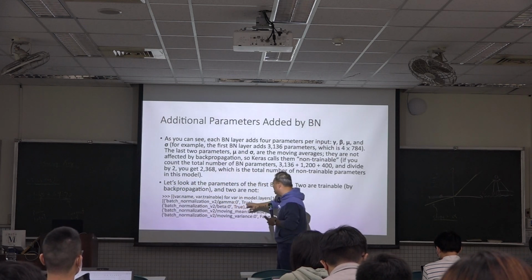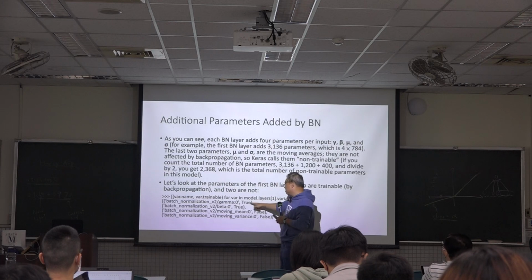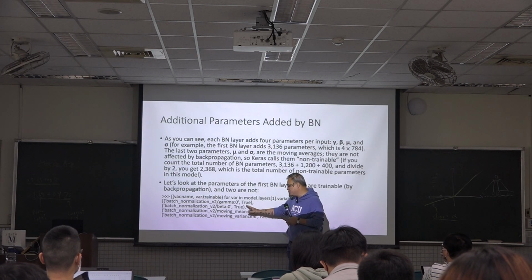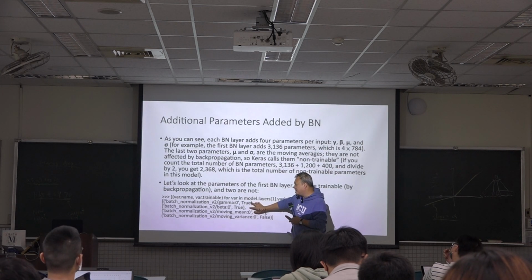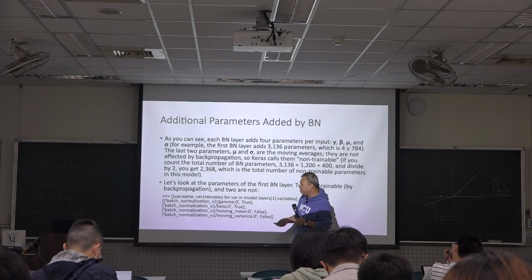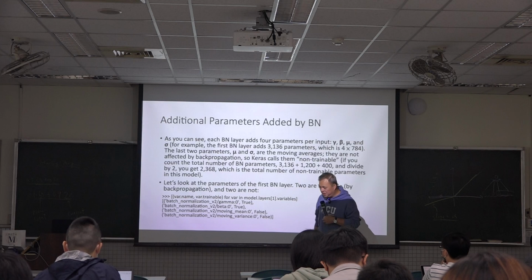You can see here, gamma and beta are trainable, so they are set to true. The moving mean is false, and moving variance is false. These two are the mu and the sigma, and these two are gamma and beta, as presented in the equation.